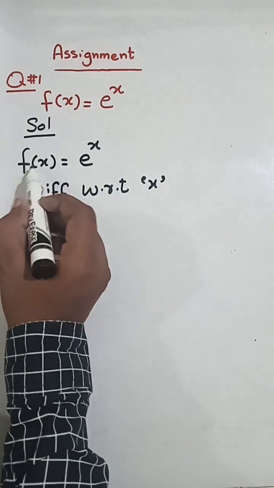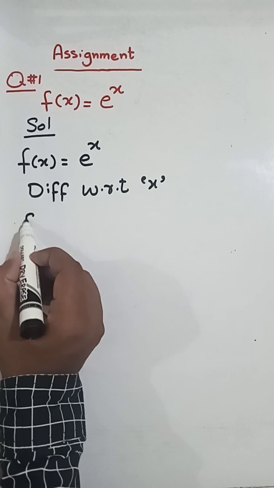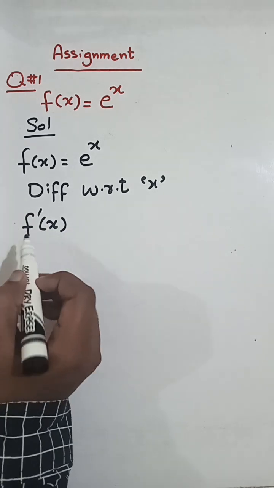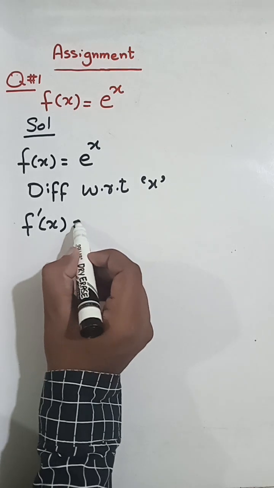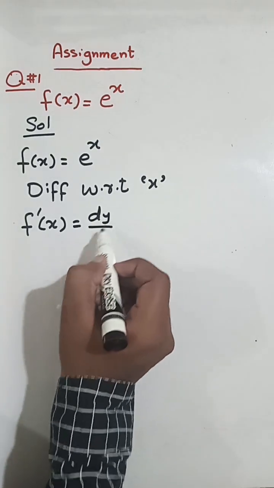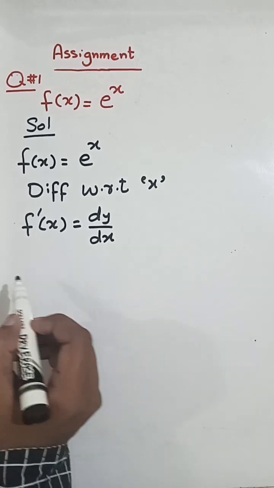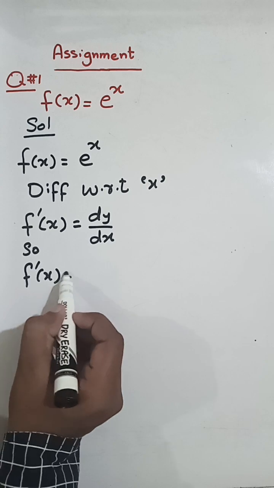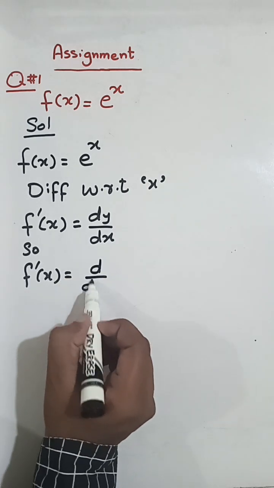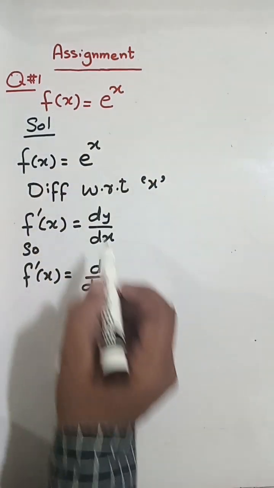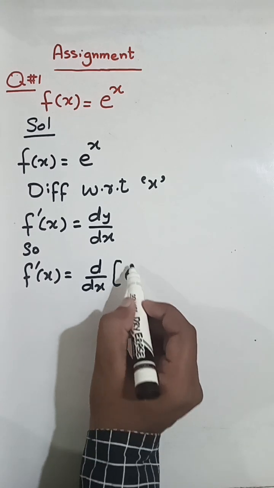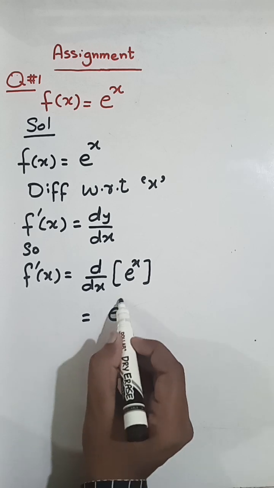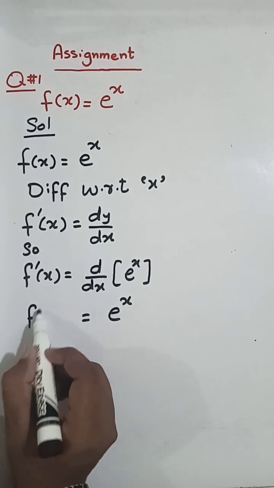We can write f of x as f prime x. This f prime x is the same as dy by dx. So f prime x is equal to d by dx of this function e to the x, and as I mentioned, the derivative of e to the x is the same as the function itself.